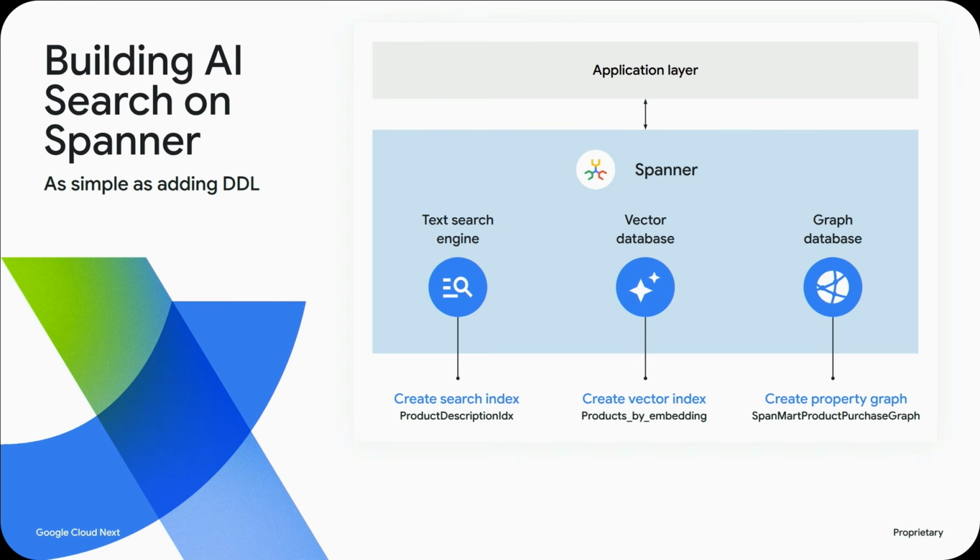And a big part of your system would be moving data around, making sure it's all consistent, all of that complexity. Spanner makes it very simple. In Spanner, you can have all of this functionality by just using DDL. You can define a text index, you can define a vector index, you can define a graph. And for the two indexes, text and vector, we'll automatically create the index for you, we'll backfill it, and we will keep it transactionally consistent. So as your data gets updated, you'll see the results instantly, like Alexander mentioned.